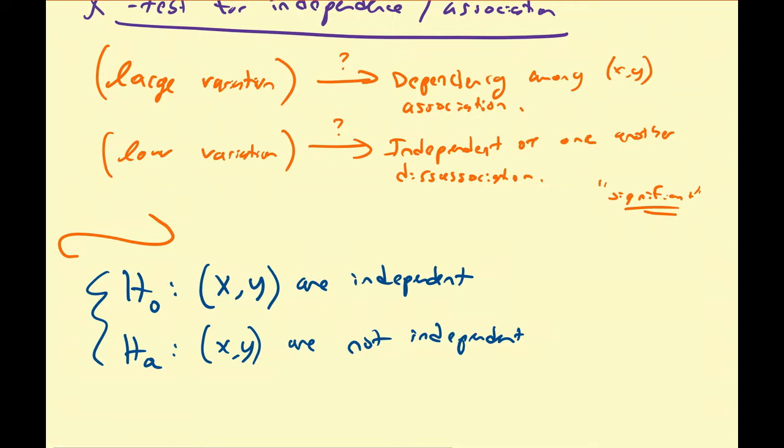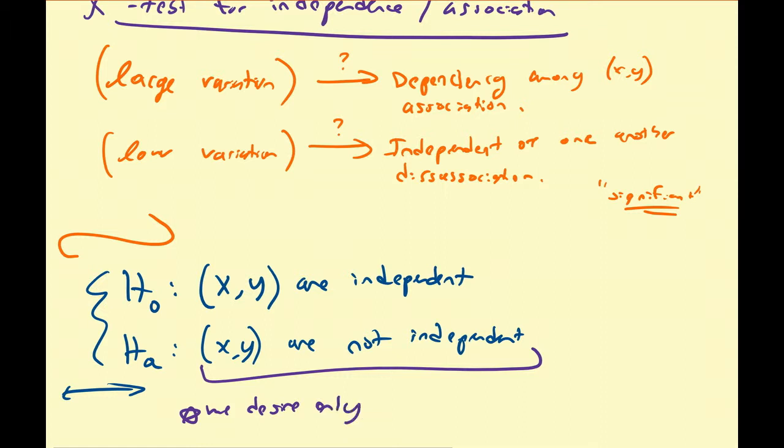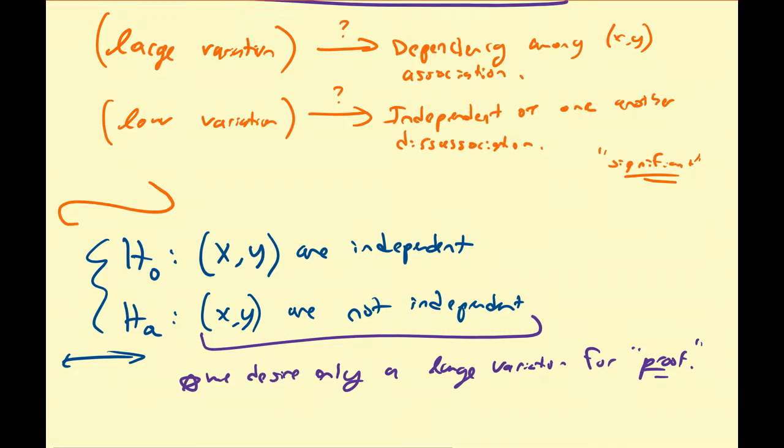So we're not going to focus on proving that they are dependent. Rather, we're just going to prove that they are not totally independent of one another, which is why I phrase it this way. Since we're going to try and show that X and Y are not independent, that means we desire only a large variation for proof of this alternative hypothesis.